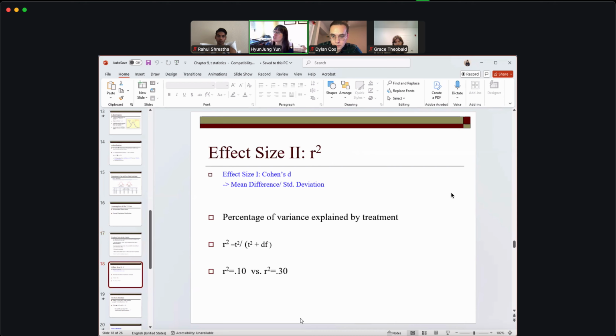Okay, so here I wanted to introduce a new effect size measure. I don't know whether you remember from last week, I'm not a big fan of quantity.